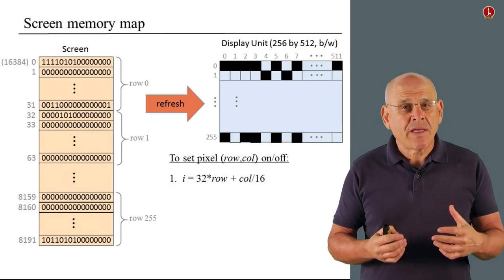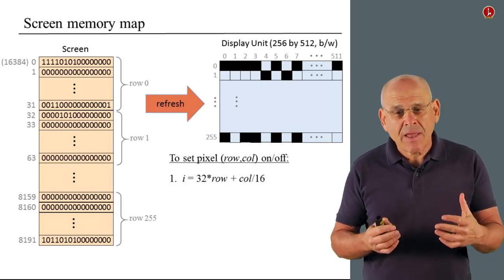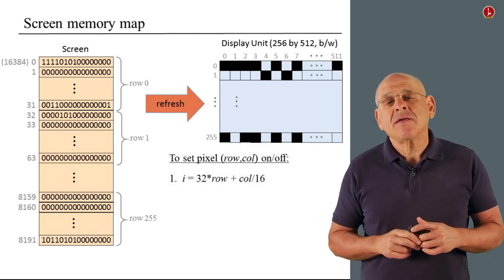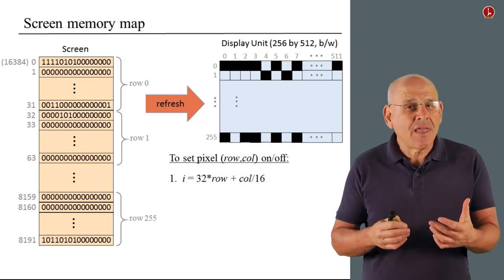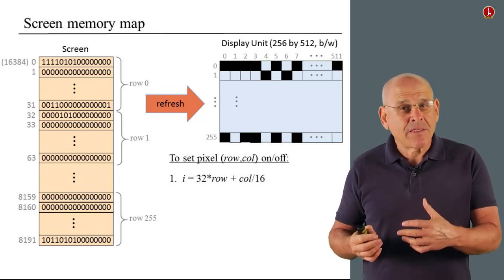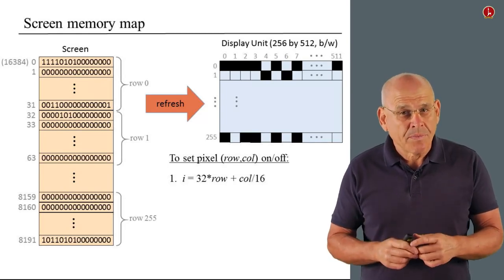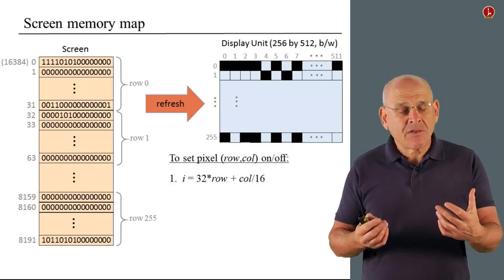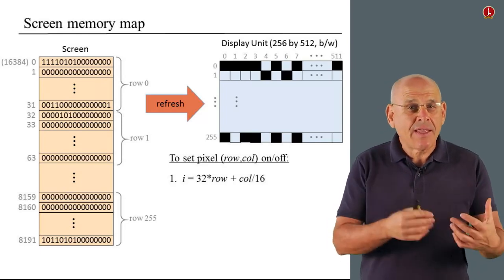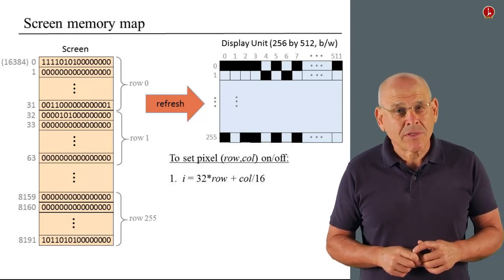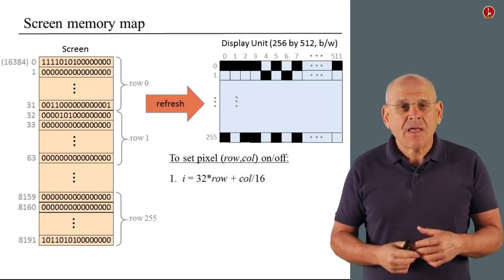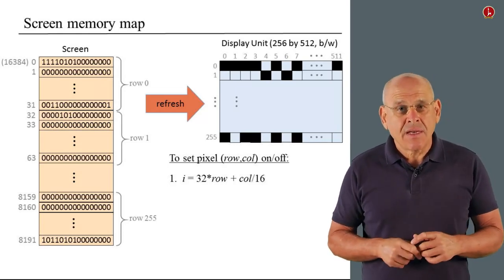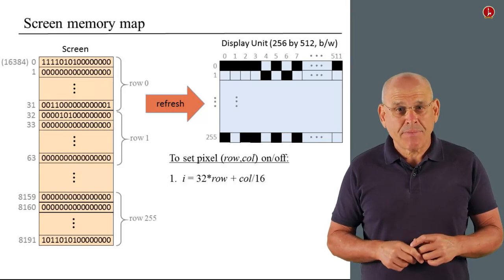And this, by the way, is integer division. Namely, I throw away the remainder of the division. So for example, if column equals 18, then 18 divided by 16 is 1. So I take the result of this integer division, I add it to 32 times row, and this gives me the address of the register that I have to manipulate in the respective memory map.